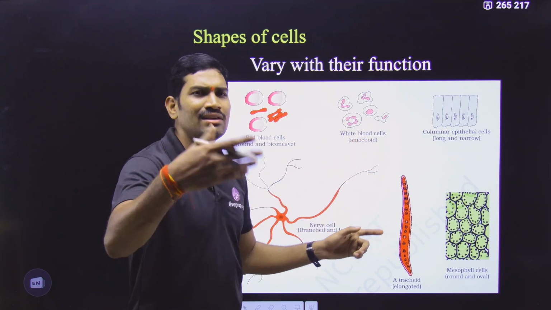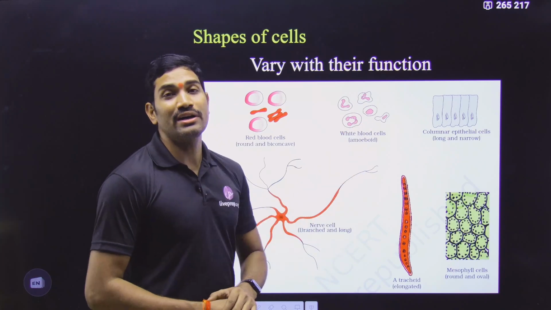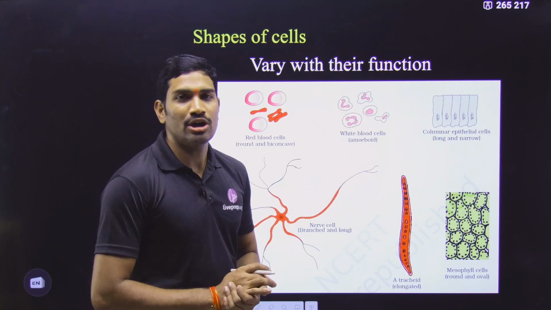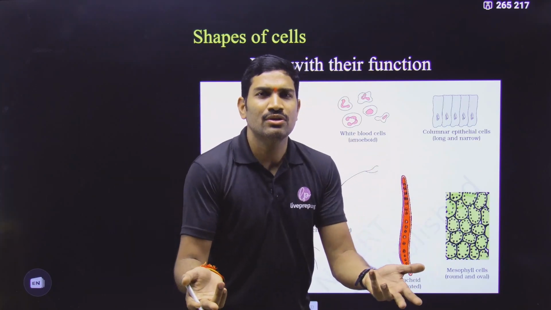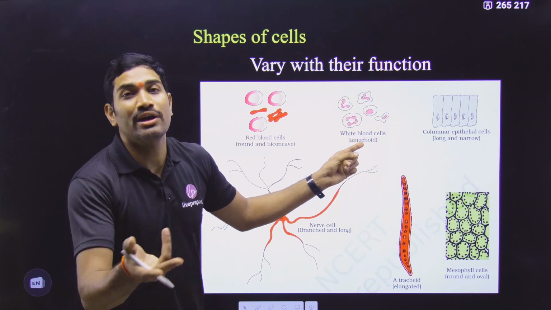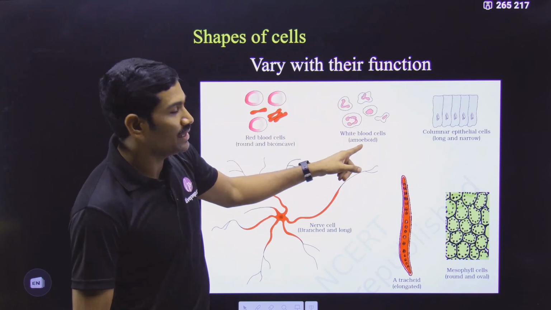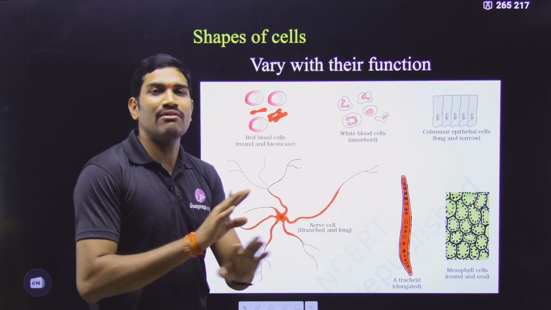Anyhow, slowly in the coming chapters we will study all these things. And what is the shape of this? Amoeboid. What is the meaning of amoeboid? Does an amoeba have any fixed shape? No. Amoeba shape is irregular, so for irregular you use a term called amoeboid. So WBC shape is amoeboid or irregular. They don't have any fixed shape.